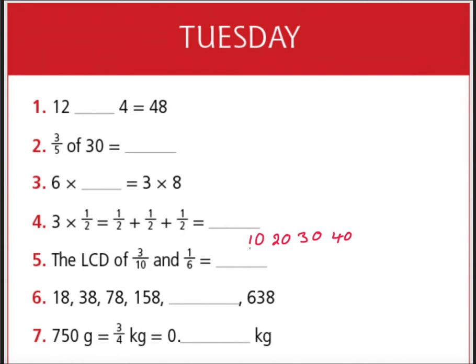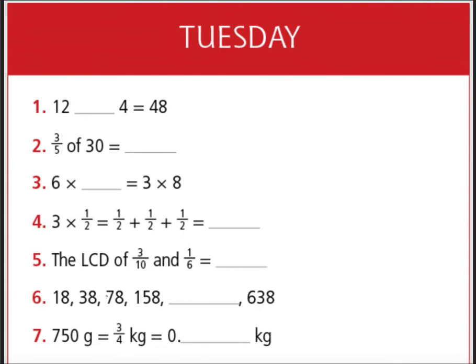We'll stop there and we'll try the 6's. So we have 6, 12, 18, 24, 30. And when we get to 30, we can see that there's a 30 on the top and on the bottom, and it's the first time there's a matching number. So that is the lowest common denominator for those 2.